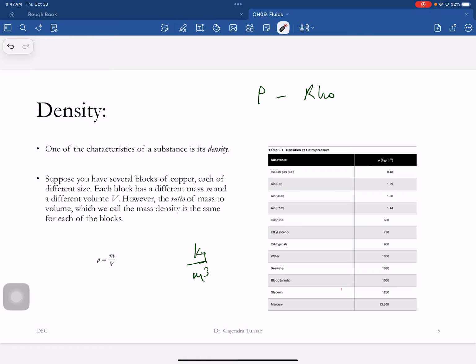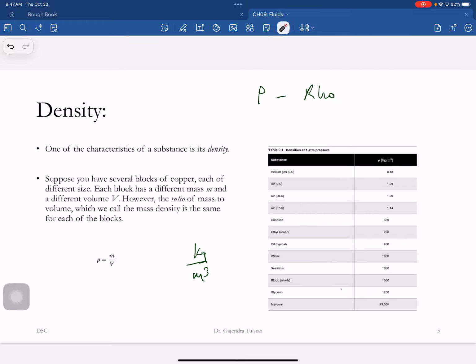So what that means is, if in a gas, molecules are this far apart, in a liquid they're touching each other almost, and in a solid they're twice as close. The closer you are, the higher the density.